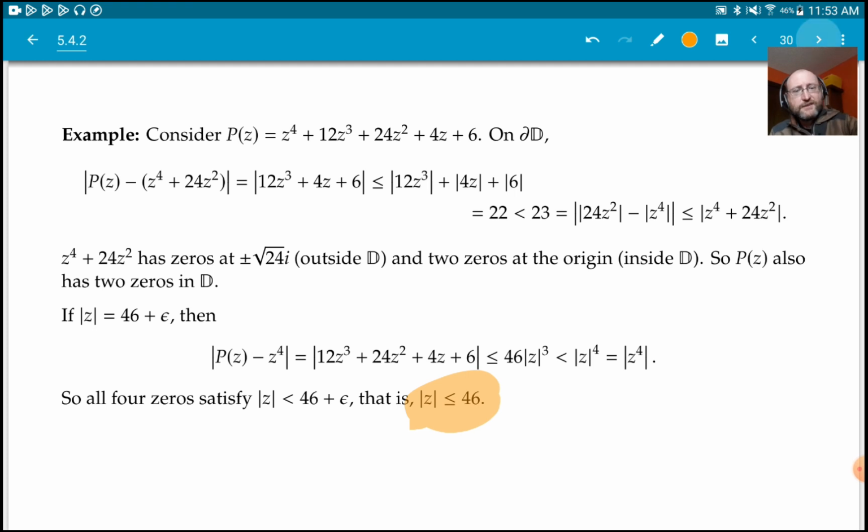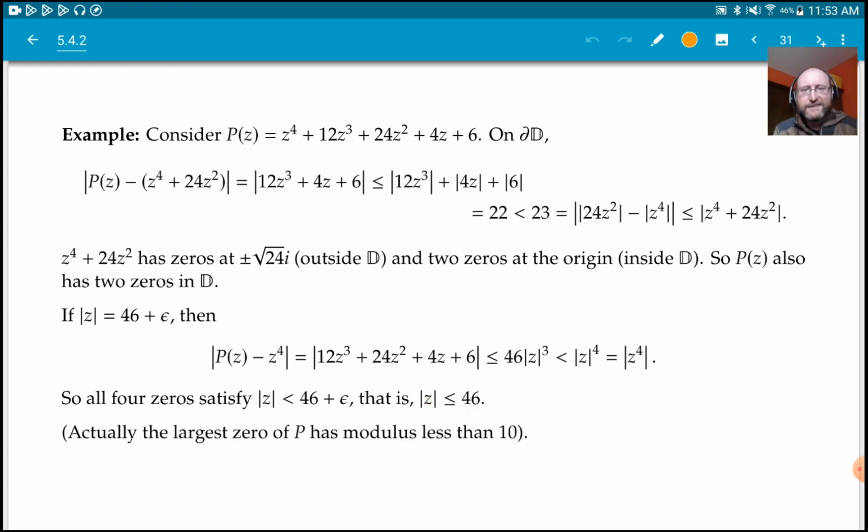Now, actually, if you solve this thing, the largest zero has modulus less than 10. I can't remember what it is, but I did solve it. So I didn't get the perfect estimate over here, but I got some estimate in a fairly simple way. This is just a triangle inequality-ish estimate.